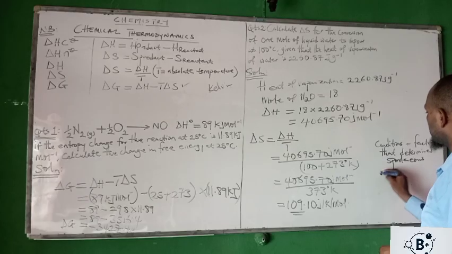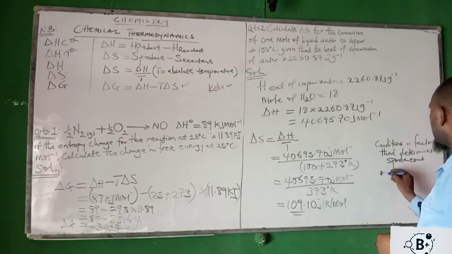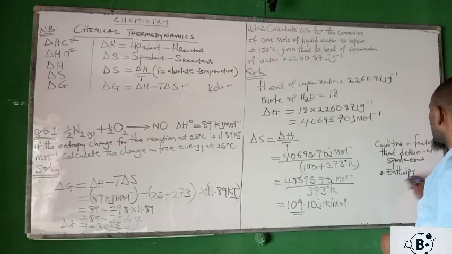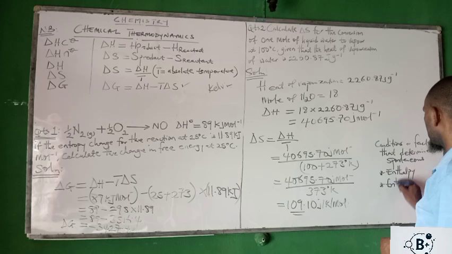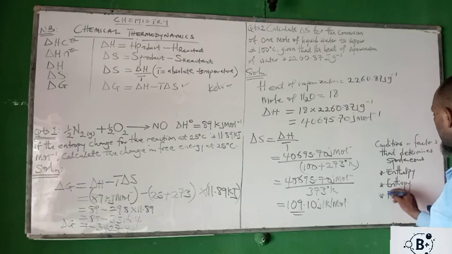So we have three major factors. Number one is the enthalpy. Number two is entropy. And number three is free energy.